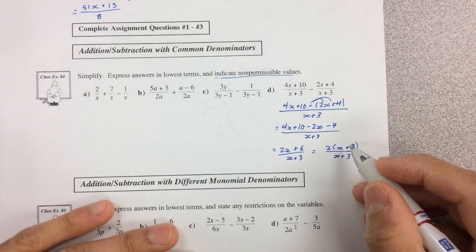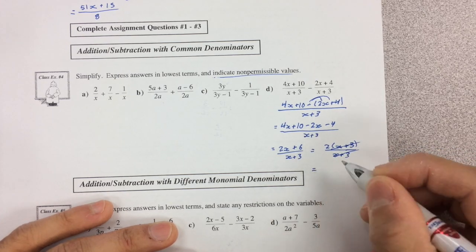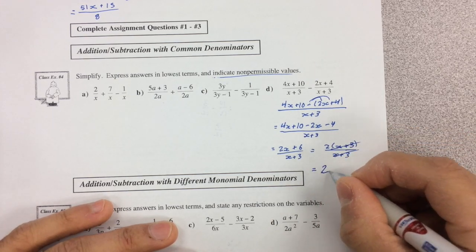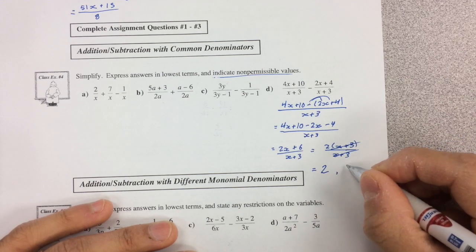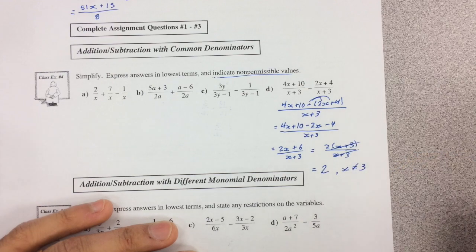Alright, now I can cancel my factors, and my final simplified rational expression is going to equal 2, with the non-permissible value of x cannot equal 3.